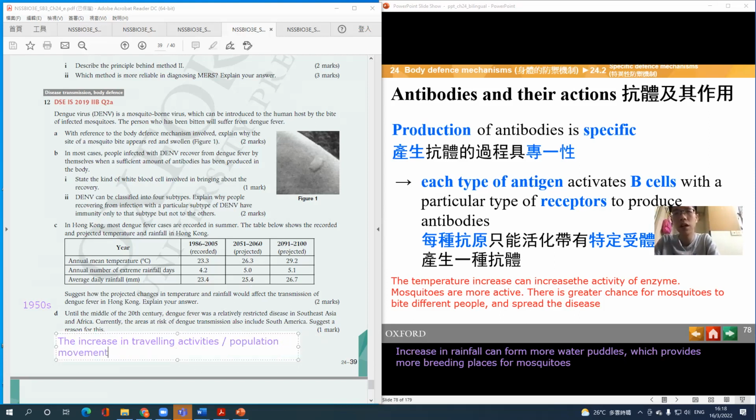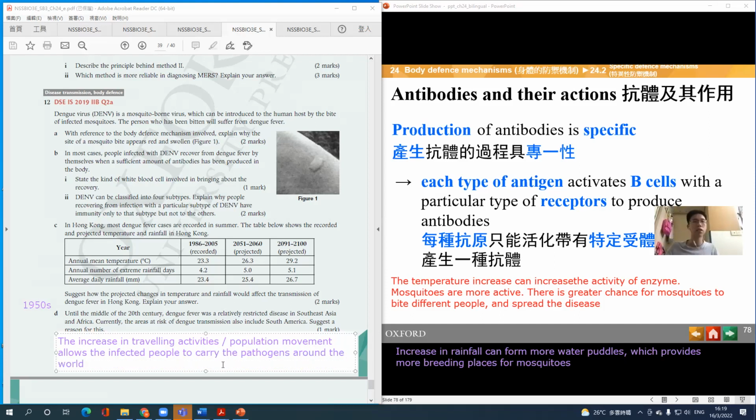Population movement allows the infected people, the pathogen carriers, to carry the pathogens around the world, okay?